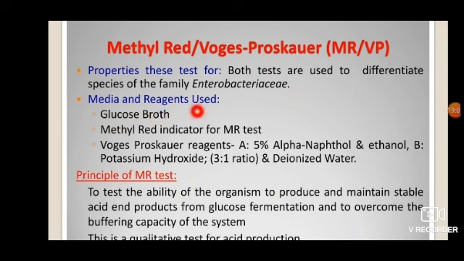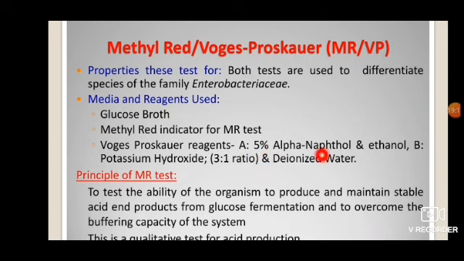So for media and reagents, we require glucose broth, then methyl red indicator, and for the Voges-Proskauer test, reagent A and reagent B are used.